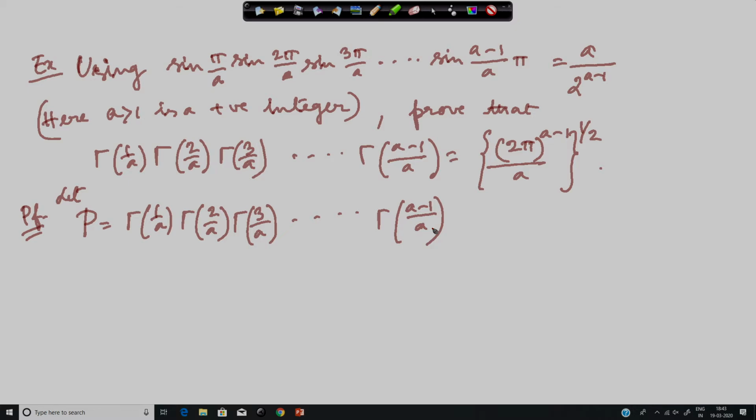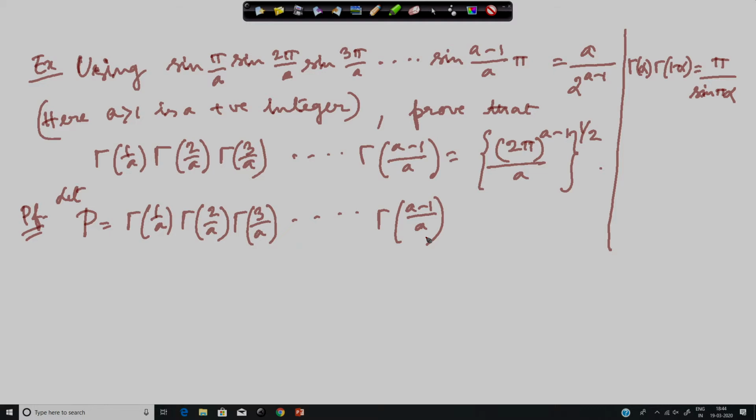You remember that gamma alpha, gamma 1 minus alpha is pi by sin pi alpha, which we have to mainly use. So, gamma 1 by a, gamma 1 minus 1 by a. But we are not sure how long a will continue, whether there are an even number of terms or an odd number of terms.